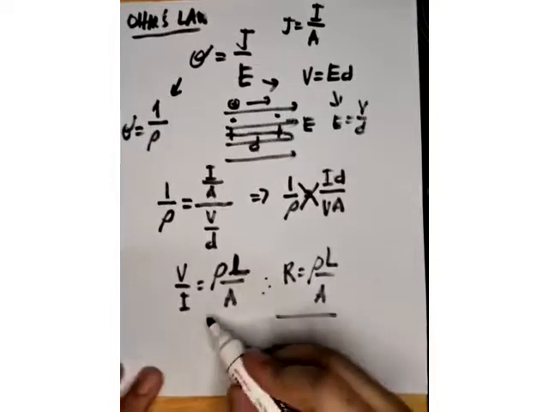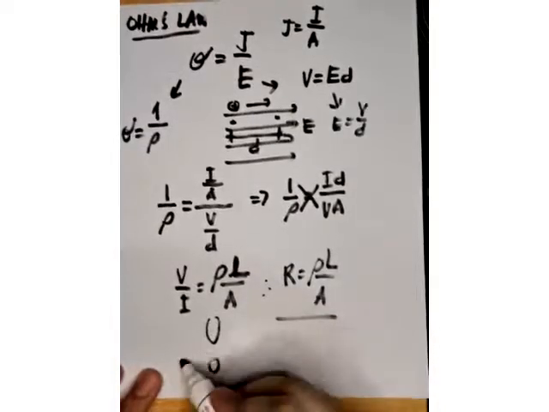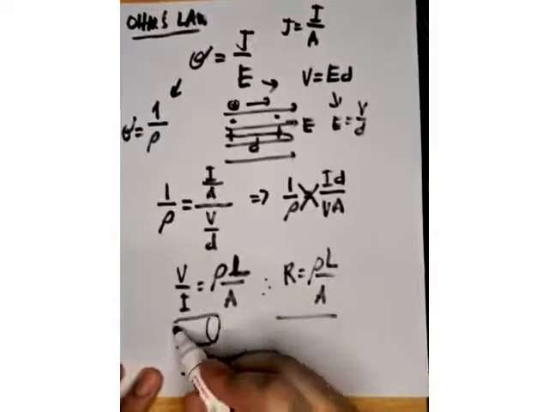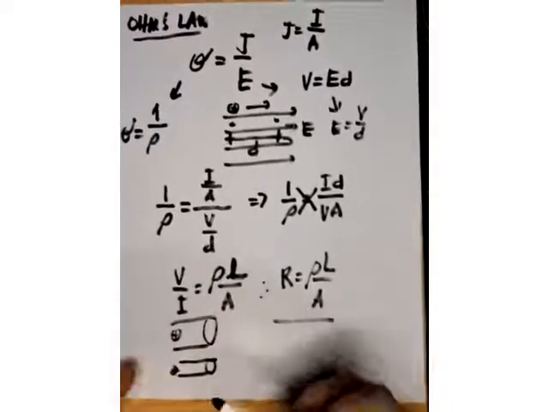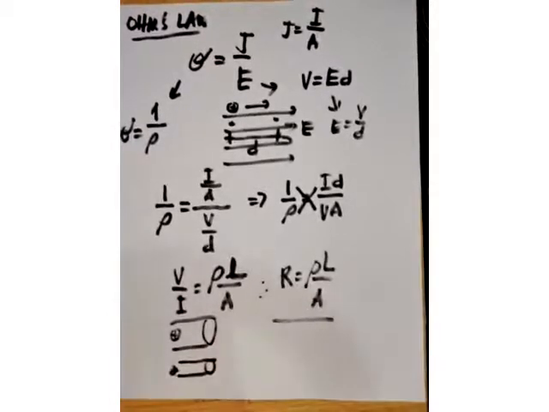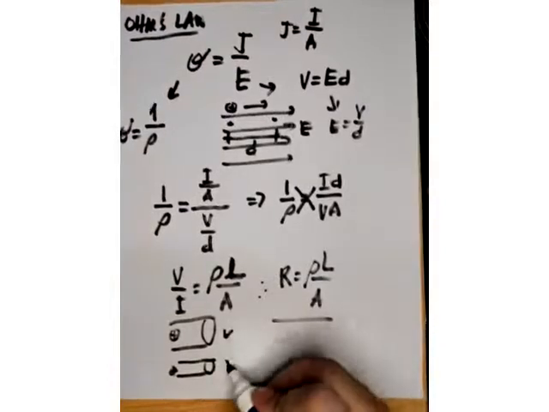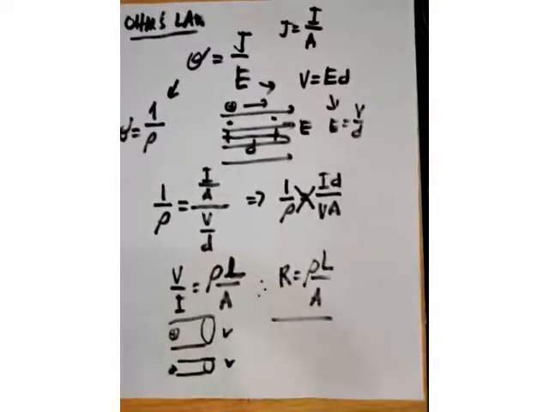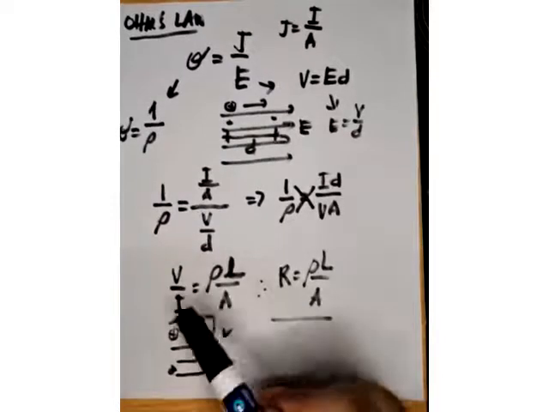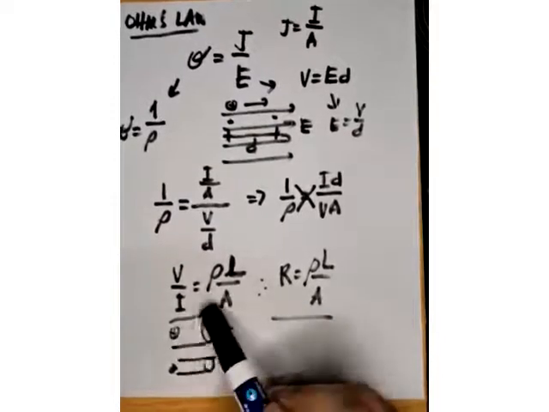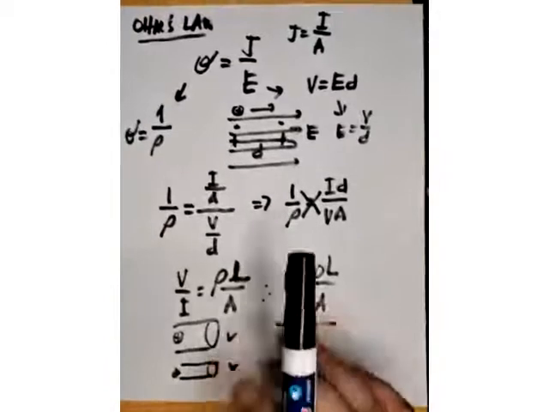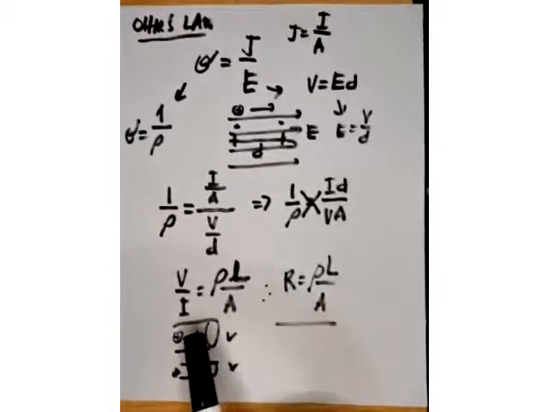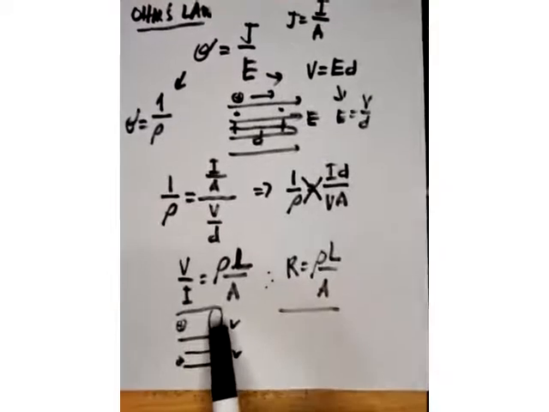Kasi ano bang nangyayari pag mas malaki or mas maliit yung cross-sectional area? Na-imagine nyo ba, saan mas madaling mag-move yung charges, sa mas malaking cross-sectional area or sa mas maliit? Syempre, dahil mas malaki yung cross-sectional area dito, mas madali yung motion niya kasi mas maluwang yung space.